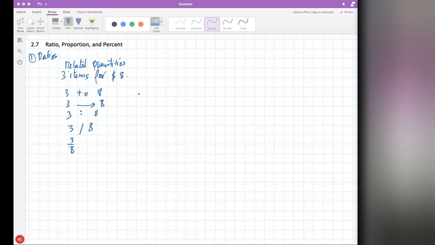If you want to buy 6 items, how much does that cost? 16, that's right. So if we double the number of items, we have to double the price. So it would be $16. So everything changes proportionally. I'm going to talk about the proportions in a moment.